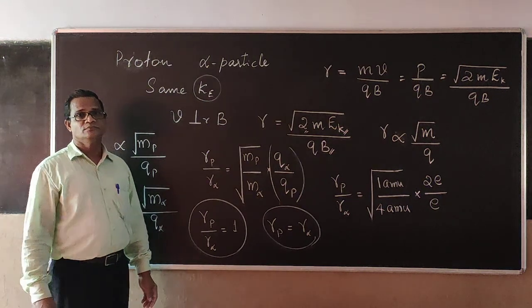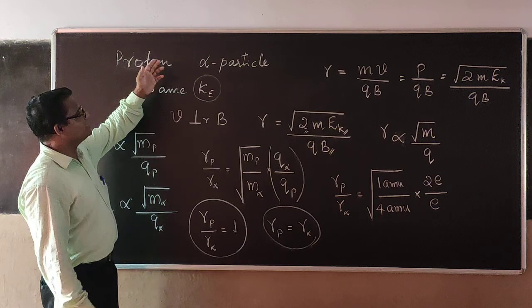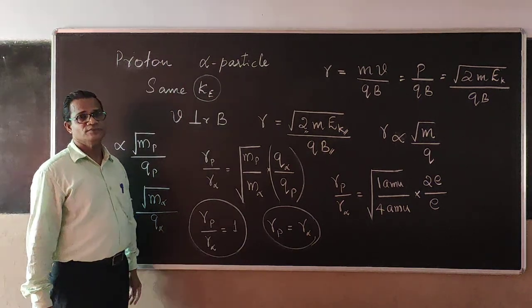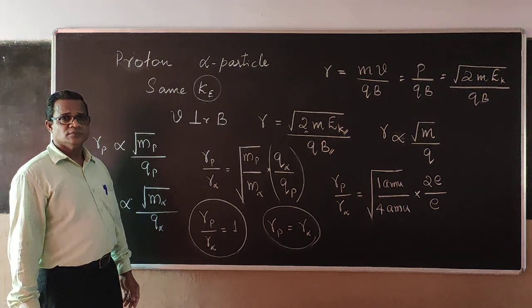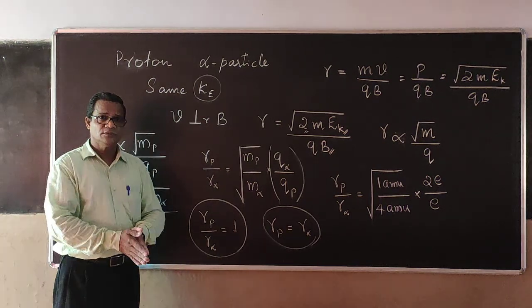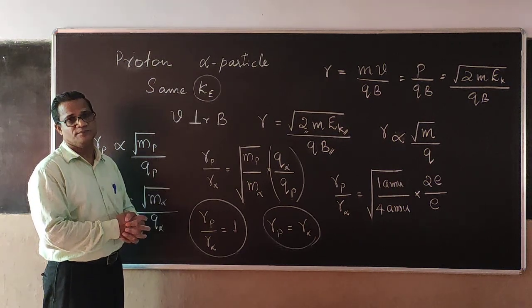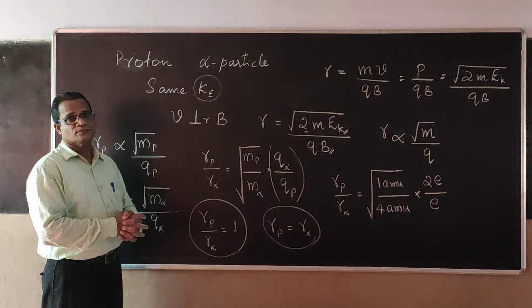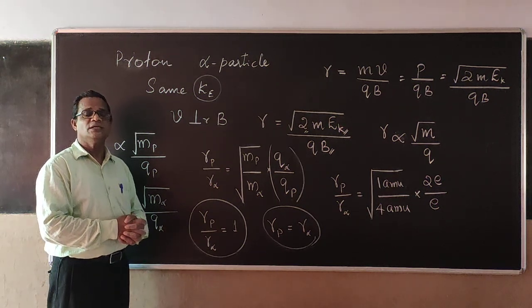No. You can check by taking proton and neutron, heavy hydrogen, or neutron and an alpha particle having the same kinetic energy. You can check that yourself, you will find that the answers will be different. Okay? So be thorough with all the equations.